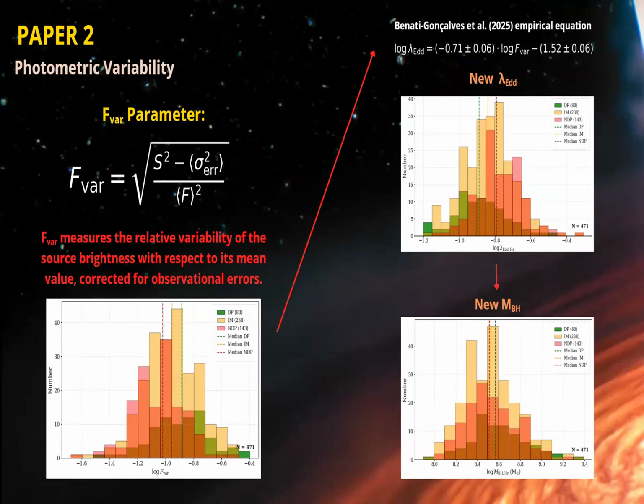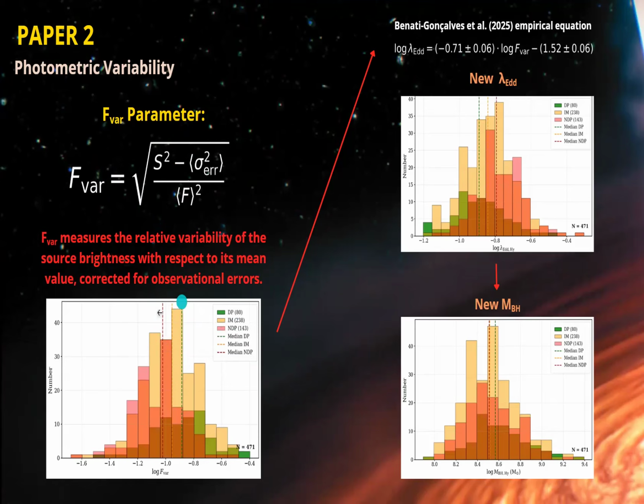So let's see. Okay. In our second paper, we started to study photometric variability, and to estimate the variability, we chose the FVAR parameter, which measures the relative variability of the brightness with respect to its average brightness. Right after calculating the FVAR, we already noticed that groups were separated again.